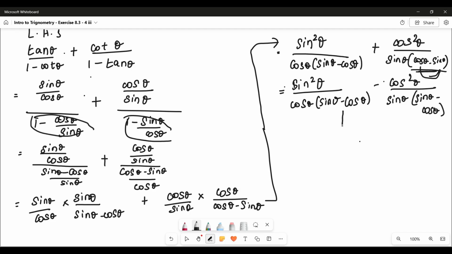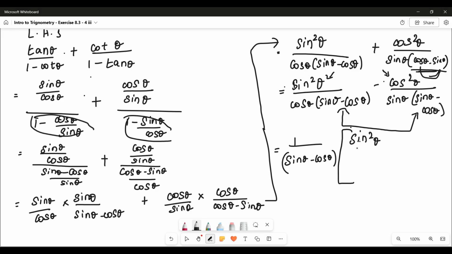Now we can see that sin theta minus cos theta is common in both the first term and the second term, so I'll write that outside the parenthesis. This becomes 1 over sin theta minus cos theta, and taking this outside, the first term becomes sin squared theta over cos theta minus cos squared theta over sin theta.